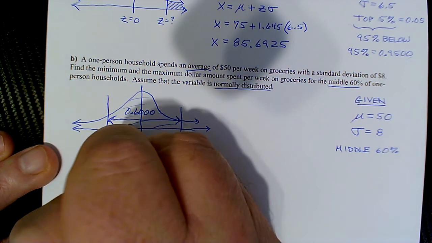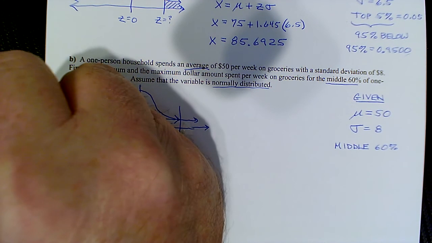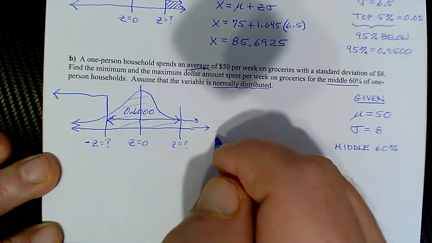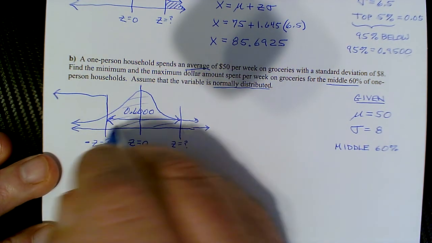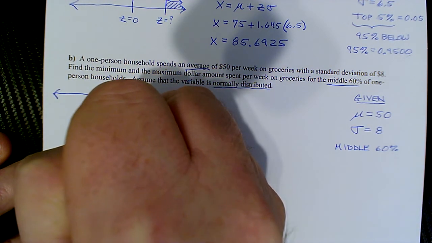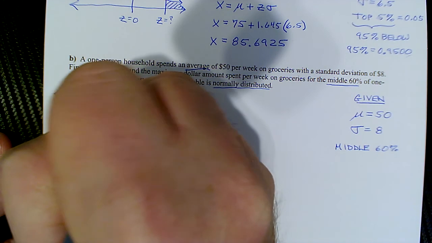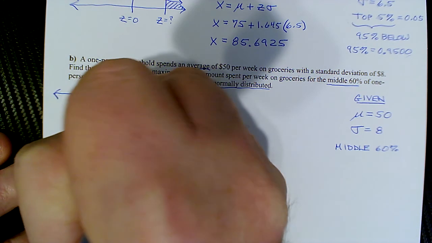It's easiest to work with the one with the negative z-score, so we'll look for that left cumulative area. If 60% is between negative z and z, then between negative z and the mean is half of that, or 30%, so 0.3000.